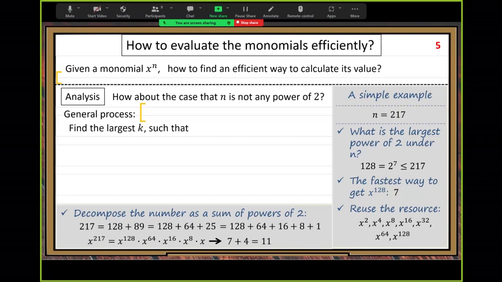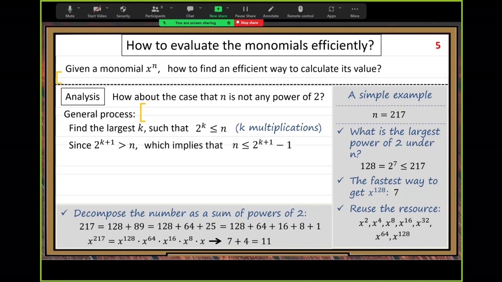All right. So here, as a summary, the general process. Take the largest k such that, see, how do we split the original given number n as a sum of powers of 2? K multiplications. Since if we do one more, k plus 1, that number is strictly greater than n.